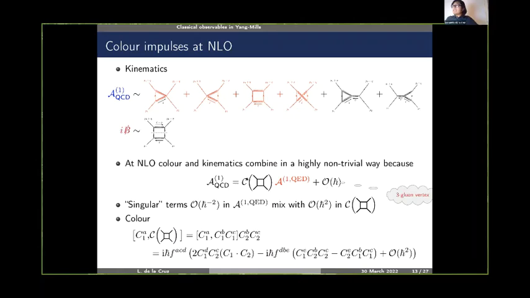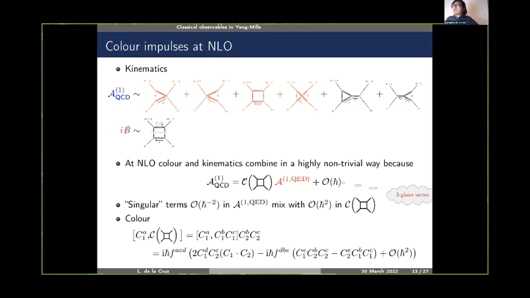So the classical contribution contains some color factor. What I have done to write this expression is a color decomposition, meaning that I take a basis of color factors and then write my amplitude in terms of this basis of color factors.